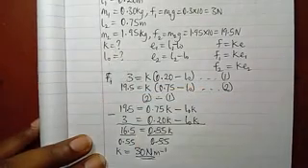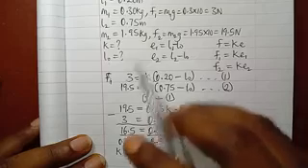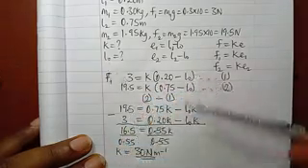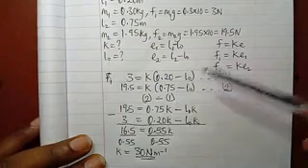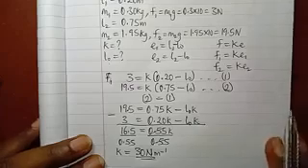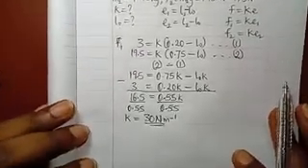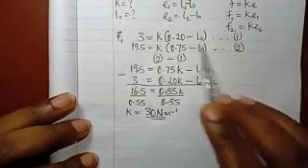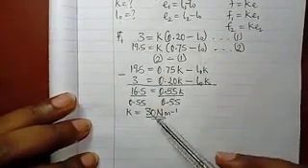Now the next thing is for us to get the original length. And to get the original length, we use either equation 1 or equation 2. So let me use equation 1. Any one of them you use, you can get the original length. All we needed to do is just to substitute 30 for k in any of the equations we decide to use.